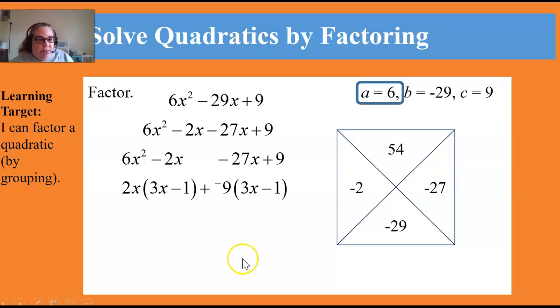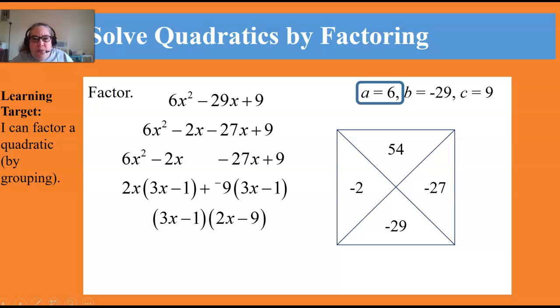You will factor out the 3x minus 1, and write the remaining 2 factors, 2x minus 9. You could write plus negative 9, but 2x minus 9 is fine. And that's your answer. That is how you factor by grouping. You go from 3 terms to 4 terms to a product.